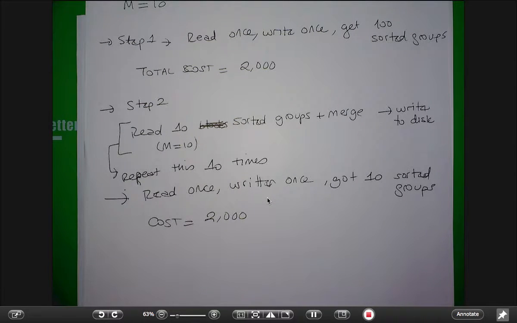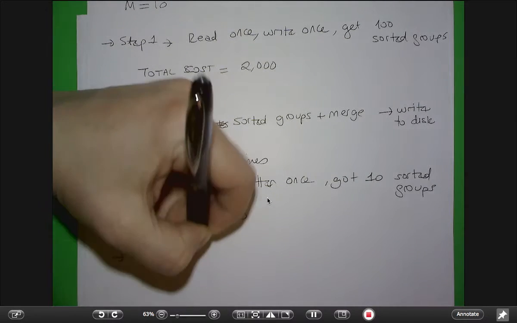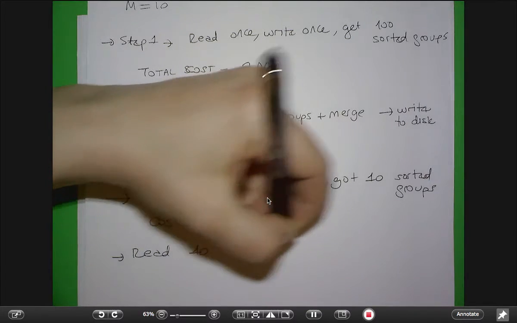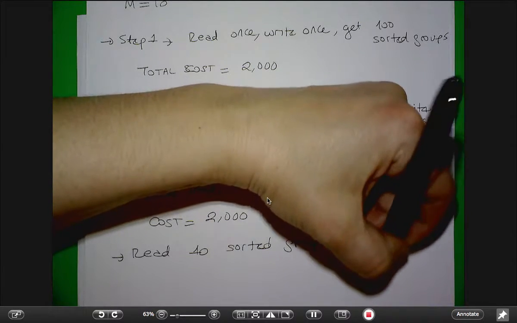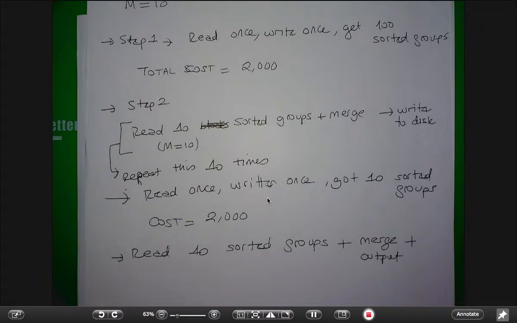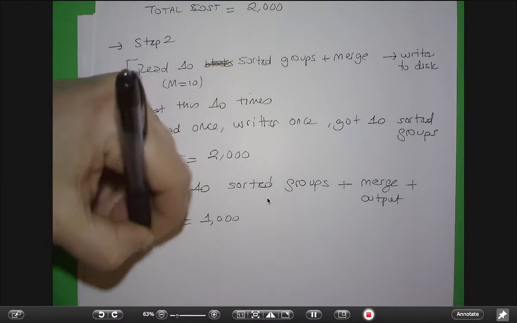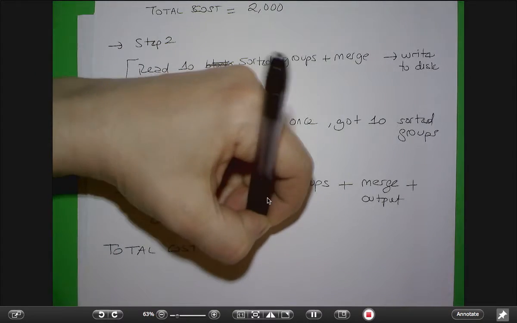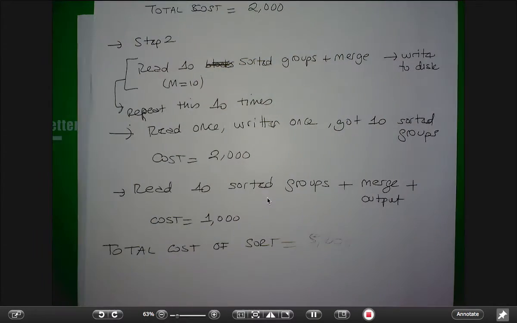Now that I have 10 sorted groups, I can actually read 10 sorted groups, and merge, and output. Okay. In the final output stage, as I don't write, all my cost is just reading the relation once. So my cost is 1,000. So the total cost of this case is actually 5,000.